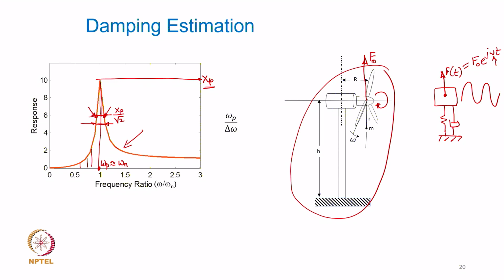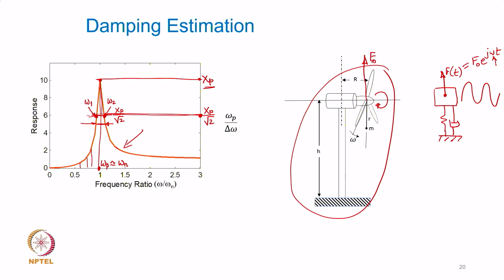What I basically mean is, if I get the peak amplitude observed or measured, I can locate a point of response which is 1 over square root of 2 times the peak amplitude of the vibratory response, and the frequencies omega 1 and omega 2 where this response curve intersects this horizontal line drawn at x p over square root of 2.